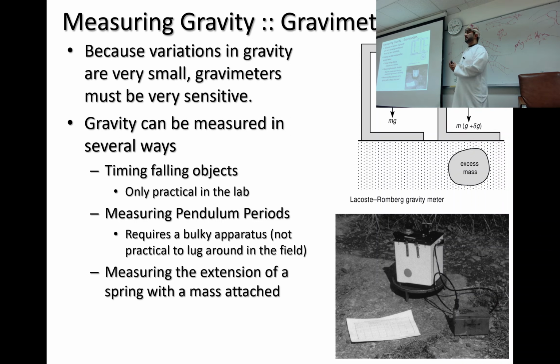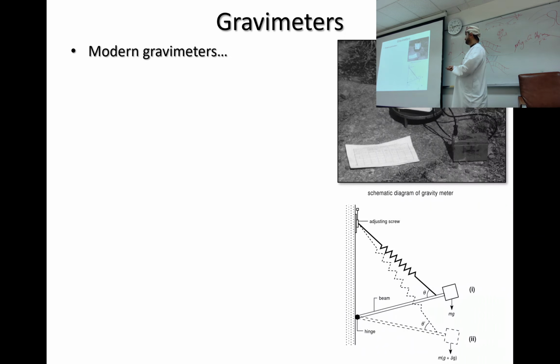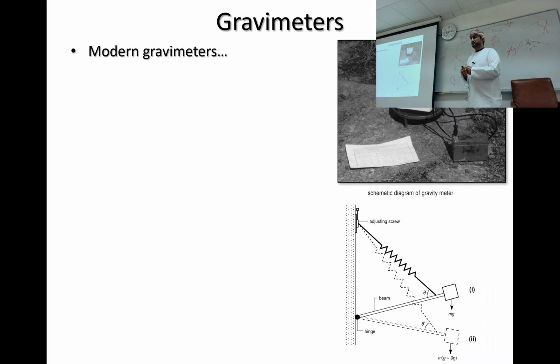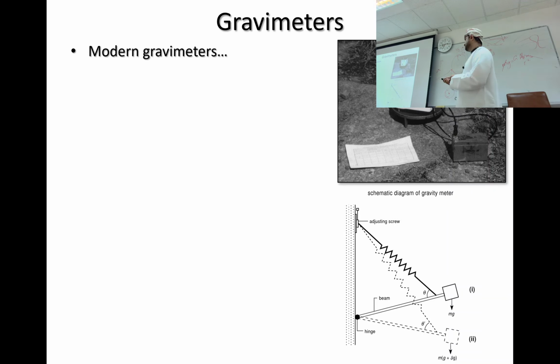Instead, they use a beam attached to an arm, something like what you see here. This is the equipment we have, or the old equipment, a LaCoste and Romberg. We just received a new one. We bought it almost 5 or 6 years ago, before I got my PhD.